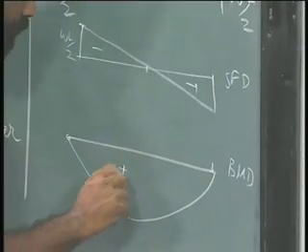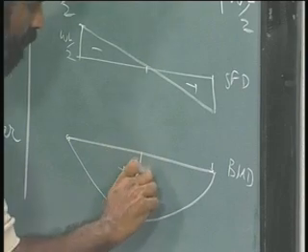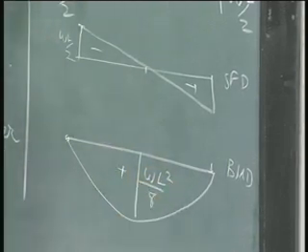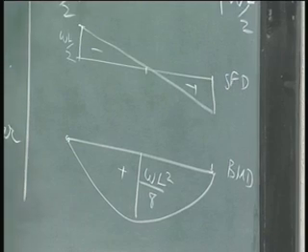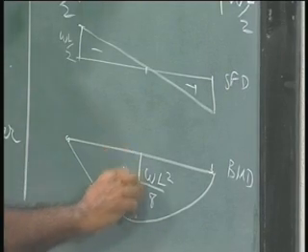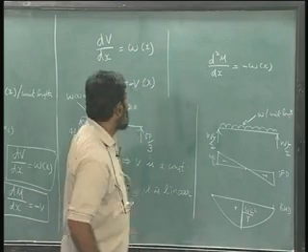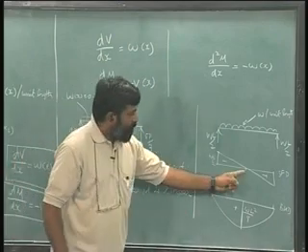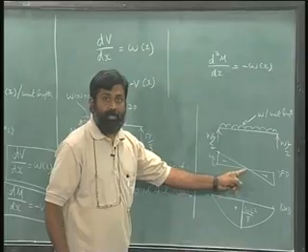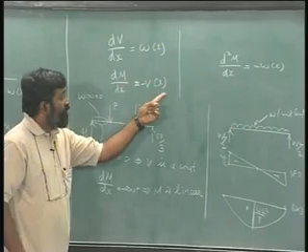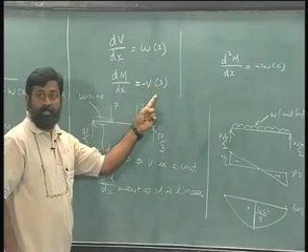The positive value at the center was equal to wL squared by 8, if I remember correct, and it was the maximum at the center. Is that correct? Let us look at this particular point. At this particular point, V is equal to 0. If V were equal to 0, dM by dx is equal to 0.